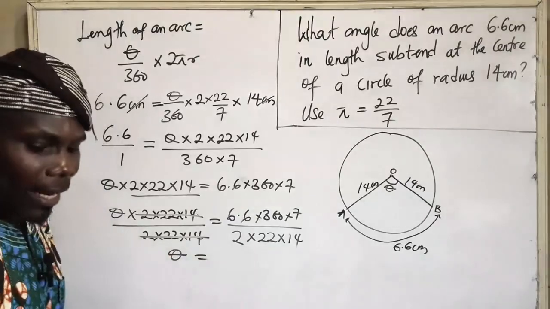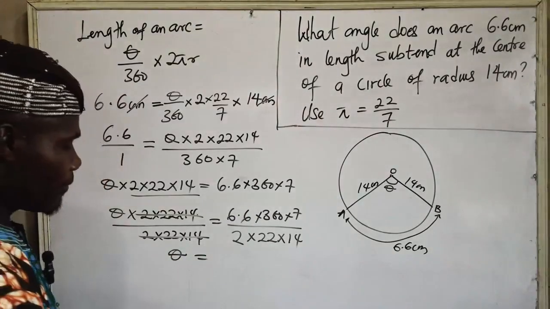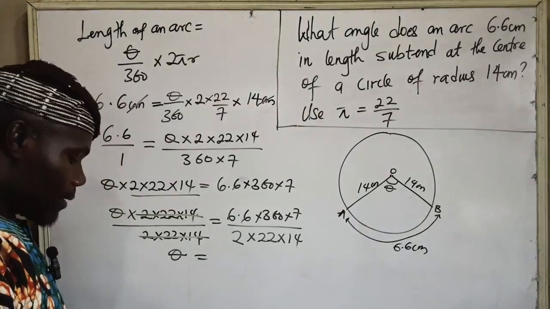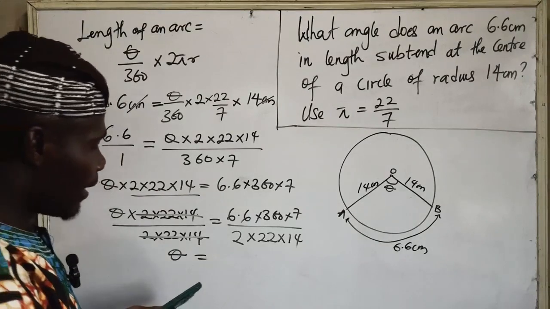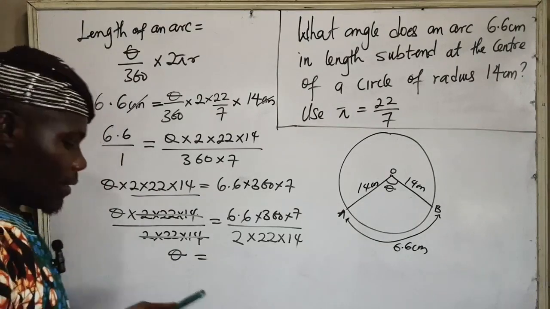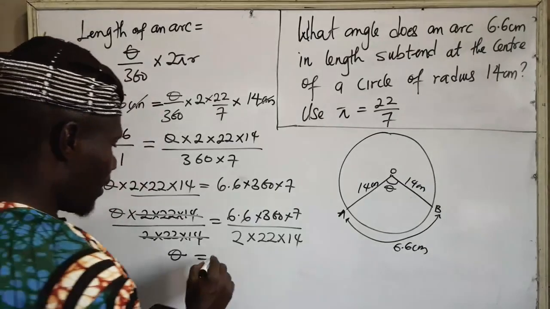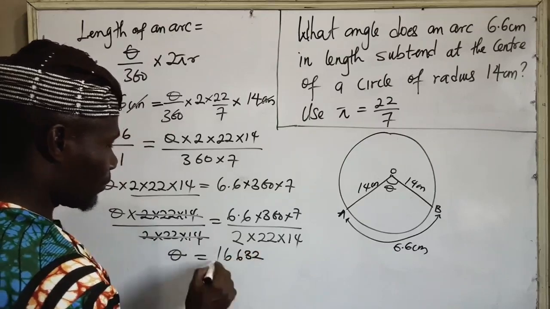So the value of our theta will now be given. Let's apply the calculator at this junction. 6.6 times 360 times 7 gives us 16,632.